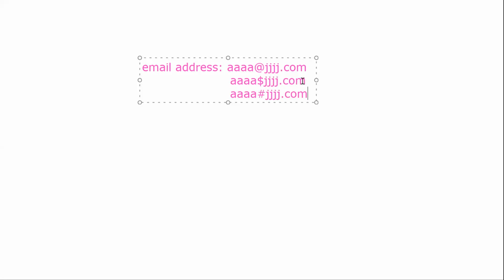Now, with respect to these two, this is wrong. You cannot have an email address where the special characters are $ or hash or something. This one also I'll change: instead of dot, I'll change it to a semicolon. This one is a colon. So this pattern is not at all called an email address.